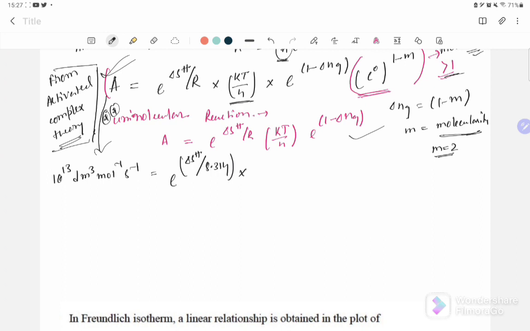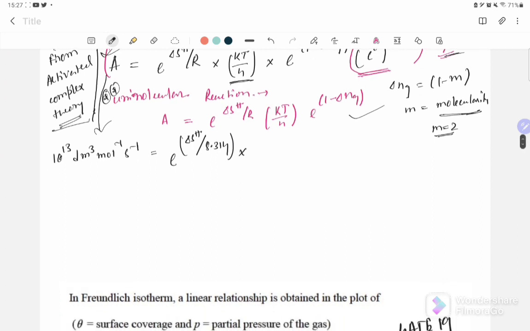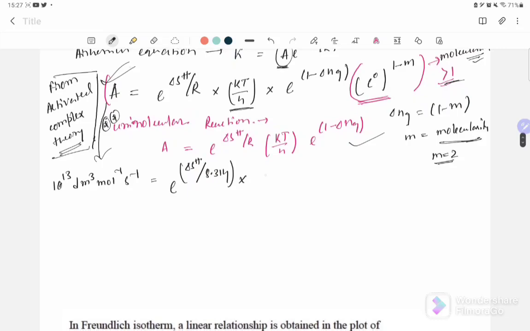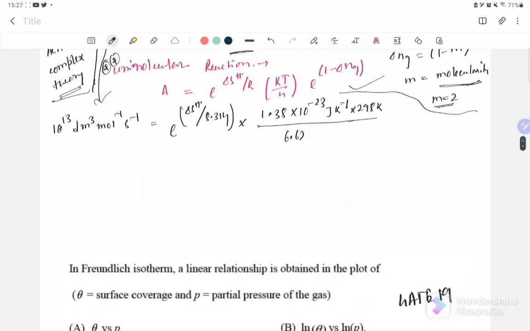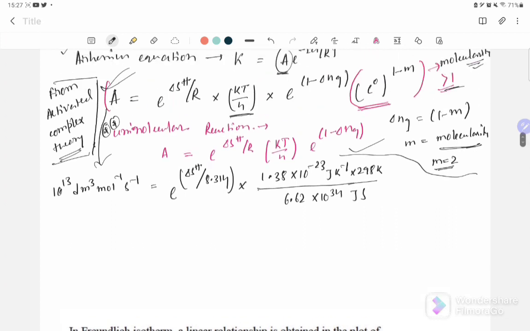This term is separate from the exponential. So k is 1.38 into 10 to the power minus 23 joule per Kelvin, into 298 Kelvin, by 6.62 into 10 to the power minus 34 joule second.